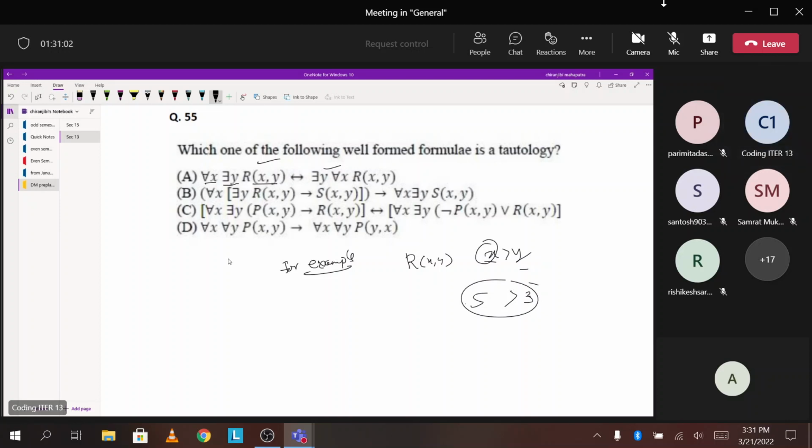Okay, but this statement, what is the meaning of this statement? There exists Y for all X such that R(x,y). That means there exists Y, that means there exists Y 5 for all X such that 5 is greater than Y.